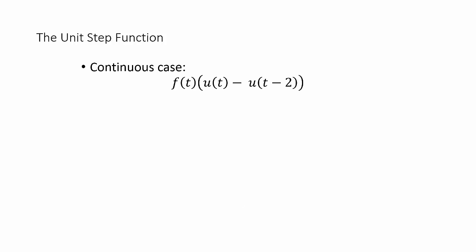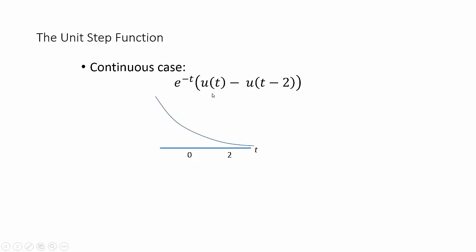It's also quite common to see some arbitrary function multiplied by the difference of two unit step functions. Another example, that same decreasing exponential multiplied by a difference at time t and t minus 2. There's our decreasing exponential. There's our difference of two unit step functions.